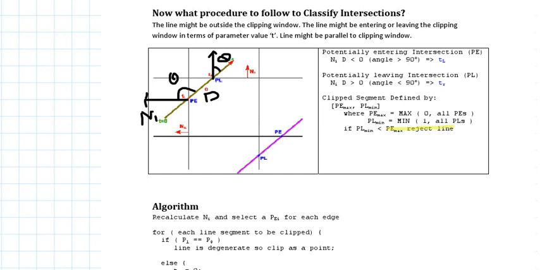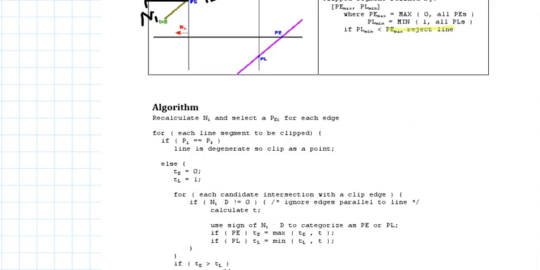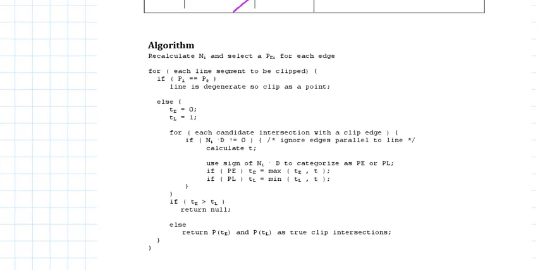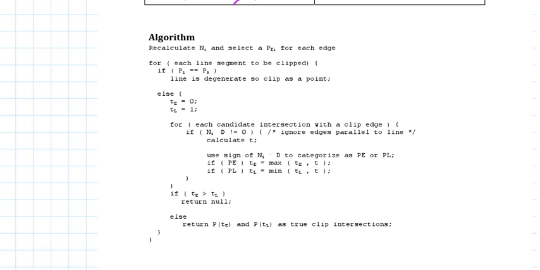Now have a look at the pseudocode of the algorithm itself. At the first line, it is being told to precalculate Ni and select a PEi for each edge.